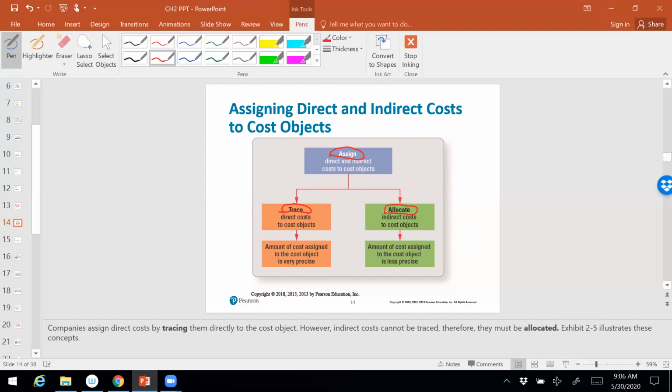So what word should we use? We allocate, okay? We allocate to our cost object. So it's less precise. The key thing is, if it's direct, we use the word trace. If it's indirect, we use the word allocate.